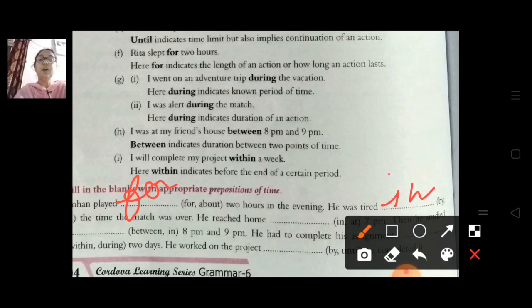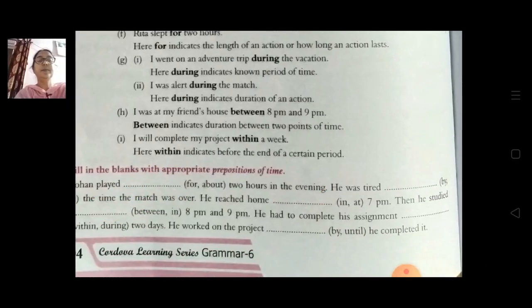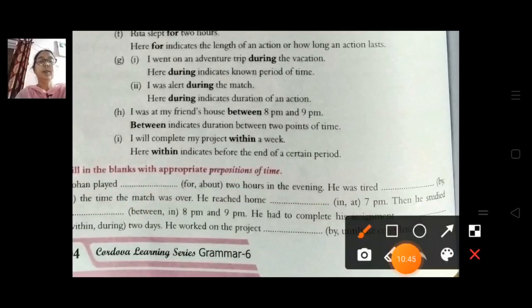the time the match was over. He reached home at 7 p.m. Then he studied between 8 p.m. to 9 p.m. He had to complete his assignment within, now here we are going to write within, 2 days.